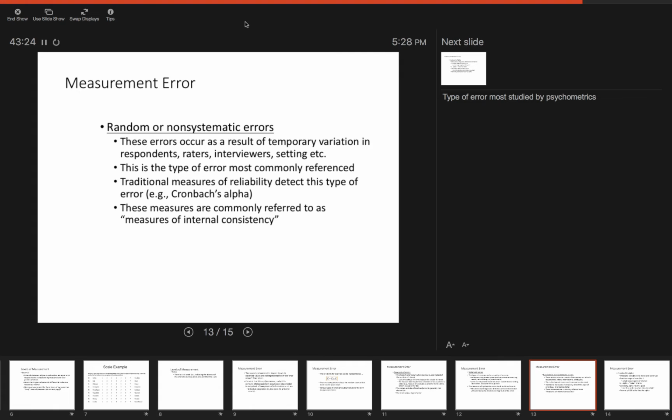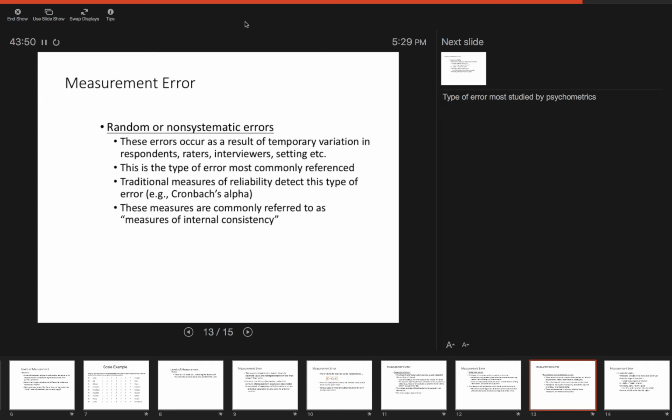random errors would be just some of the things that we've talked about already, where there's a temporary variation, or somebody that might be biased in one direction. There's no good reason to believe that there would be somebody else that would be biased at the same magnitude in the other direction.